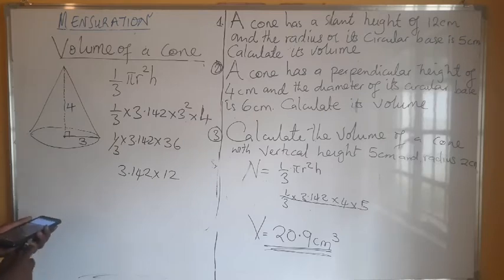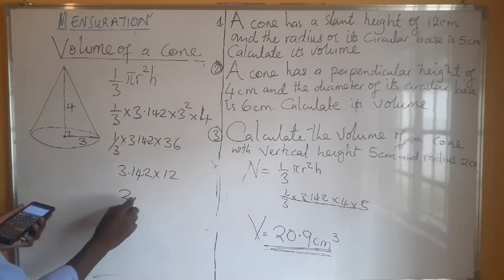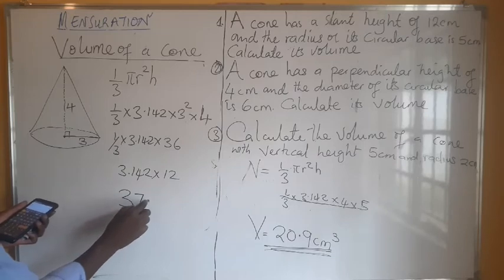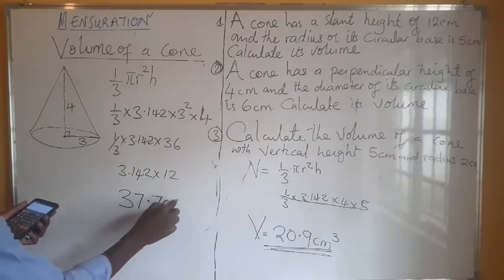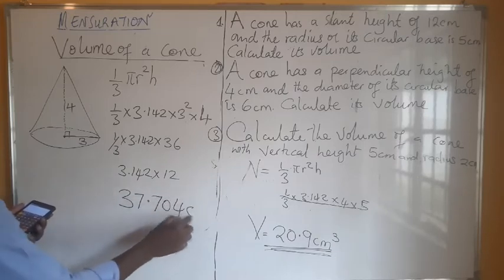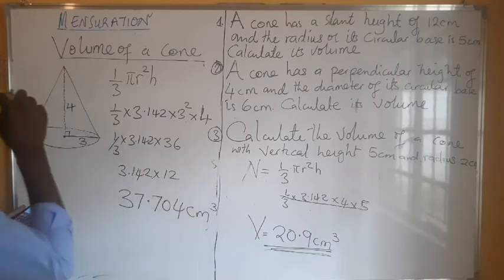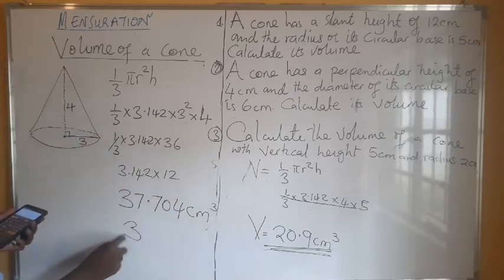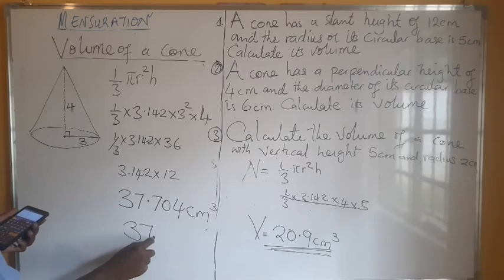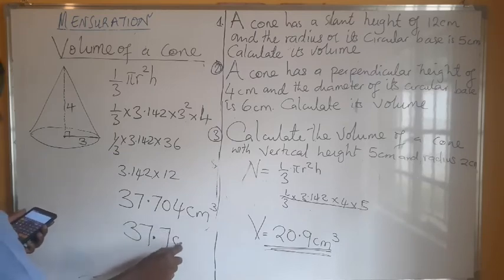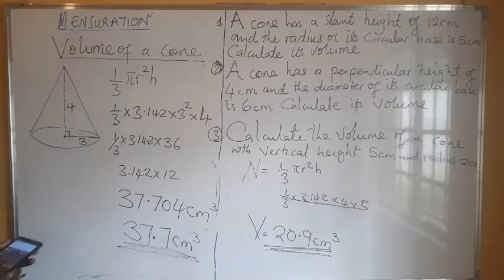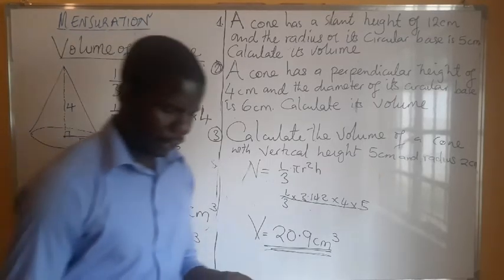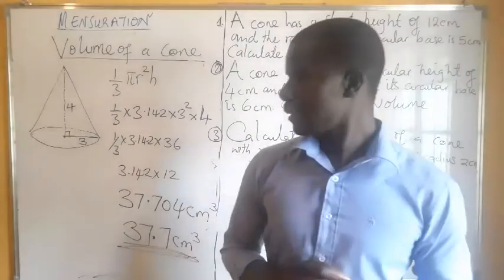What are we getting? We are getting 37.074. If this has to be given to 3 significant figures, as in most cases the exam guides, it is supposed to be 37. This is what we are going to have as our answer. Are we together?